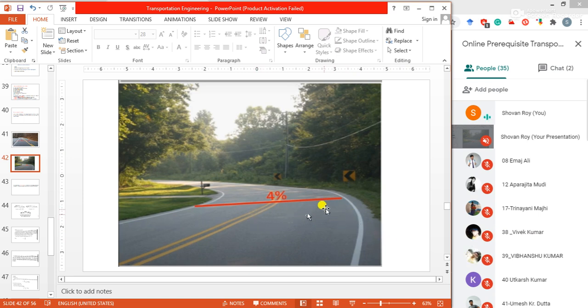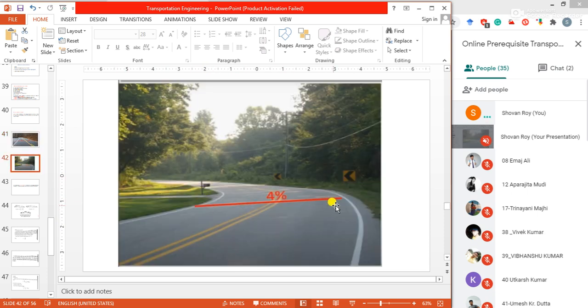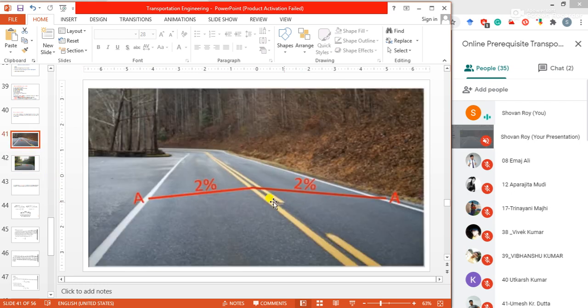Your middle portion, suppose you consider this is one road, this is another road, and if you provide some barrier or divider in between these two lanes, then this portion is raising, this portion is down, and for the other lane the left side is raising and the right portion is down.